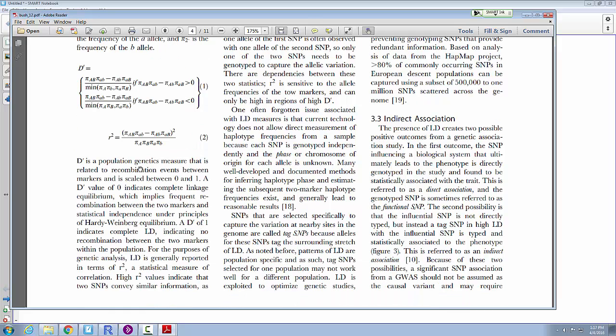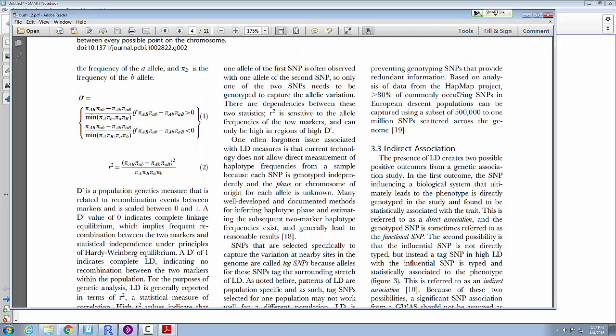So there's a famous project that went on 10 years ago, I guess, called the HapMap Project, which was all about this. Here are the millions of SNPs that we know of in humans, but using linkage disequilibrium to whittle that list down, the claim was that we can capture more than 80% of the commonly occurring SNPs with 500,000 to 1 million on the assay.